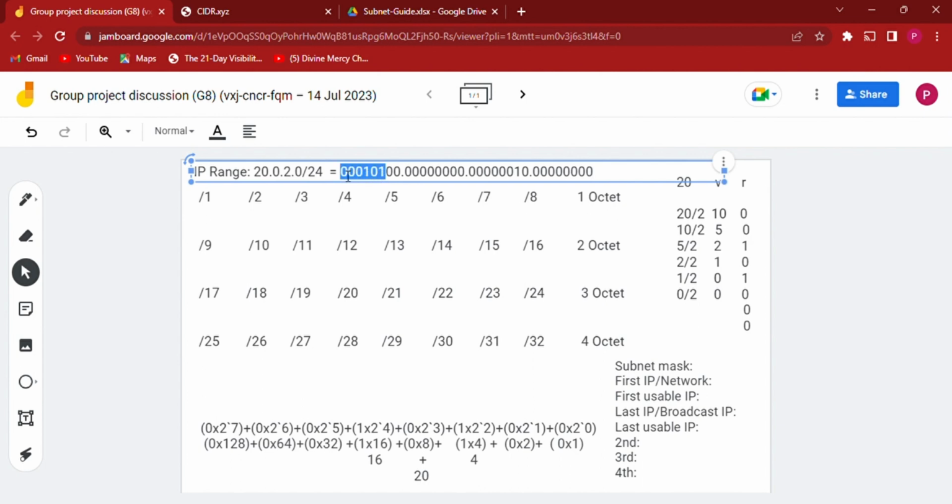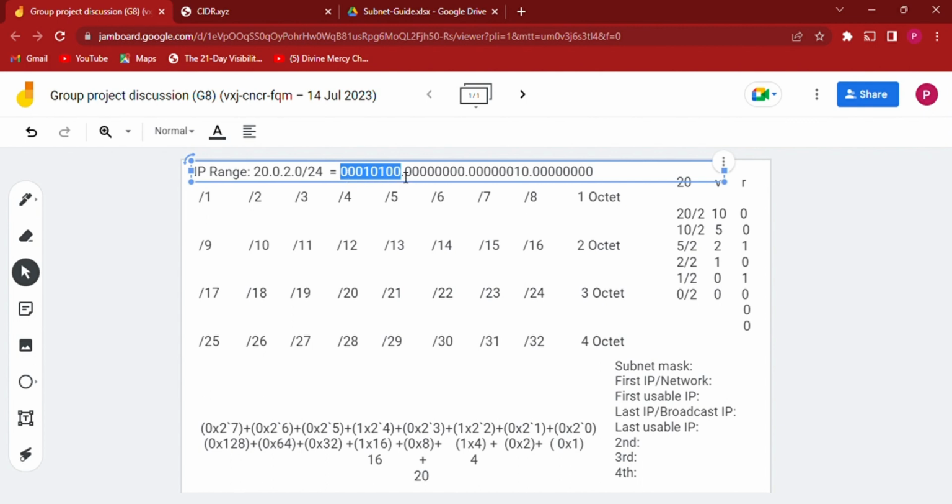You are using this for the network and the rest for the host. And this can be found within the first octet. So the first 8 before the dot is the first octet. So the 8 is an octet.